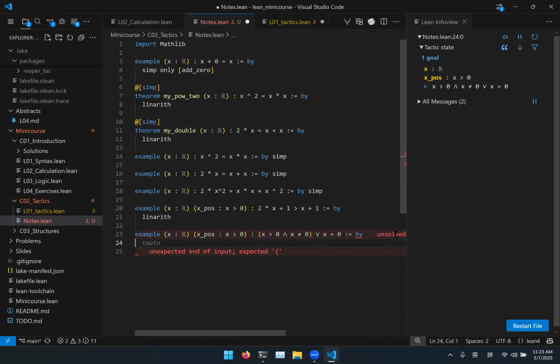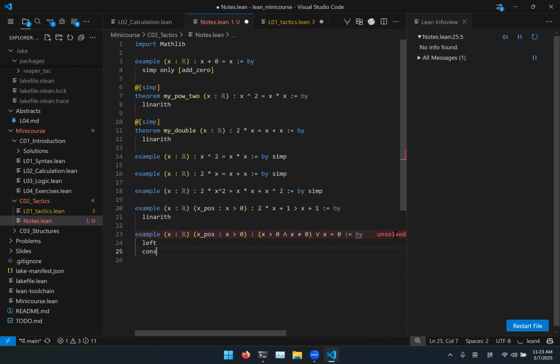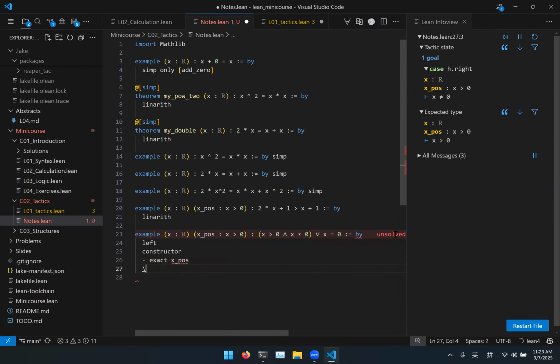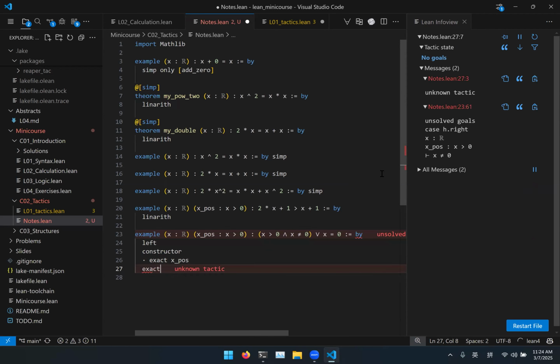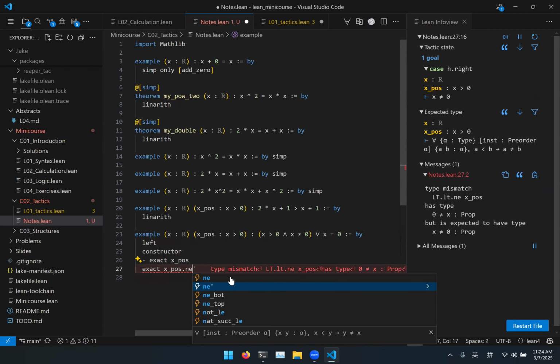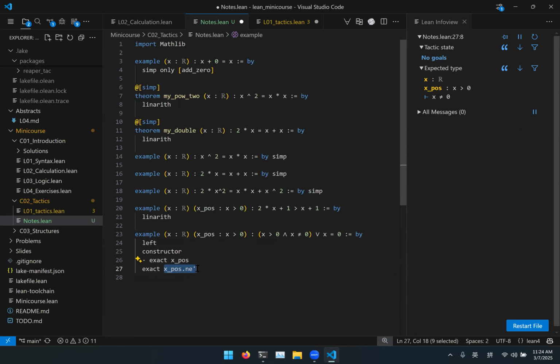So traditionally, how should we do this? Maybe first we use left, right, to solve the left-hand side and use constructor. We found that the first case is just what we want, so we use exact hx. And for the second one, maybe exact hx.ne', which means you can derive not equal from less than.